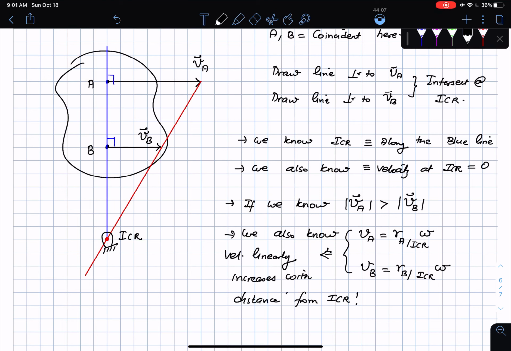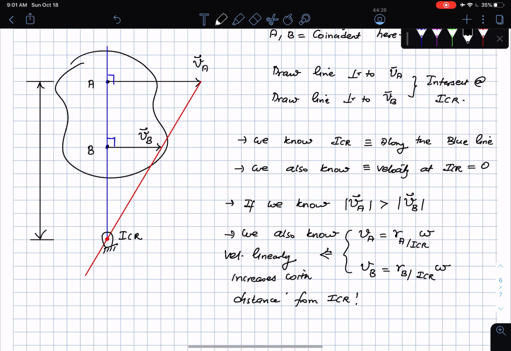Because this automatically tells me that the velocity of A is some r times omega. Let's draw the distances. This is from point A all the way to the ICR, one distance that I have. That's not straight, I'll try to make it straight. All right, fantastic.